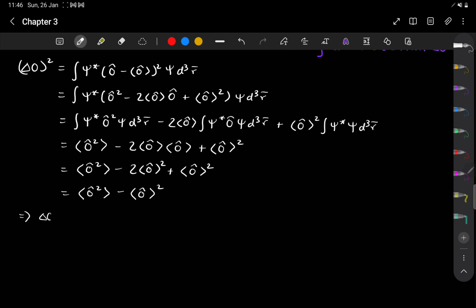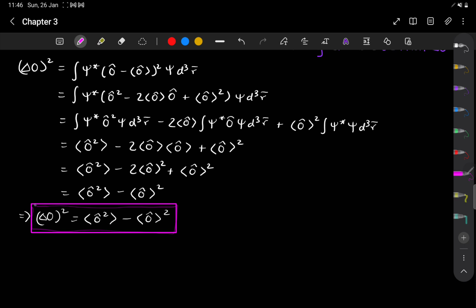Finally, we have delta O squared equals expectation of O cap squared minus expectation of O cap, squared. This is a very important result, and it will be used quite a lot when you want to find out the uncertainty in any given measurement.